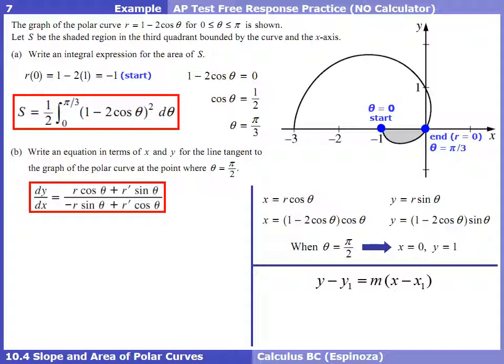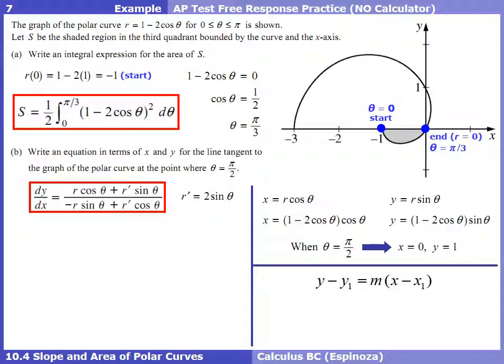Next, what we can do is find the slope. And we only practiced this one time previously in this lesson, so it's a good thing to practice it again. To find slope, dy dx, we have to use this very complicated mess of a formula. The bottom line is, we just need to plug in some stuff. The very first thing we need to do, because it's really the only thing that's left to address, is to find r prime.